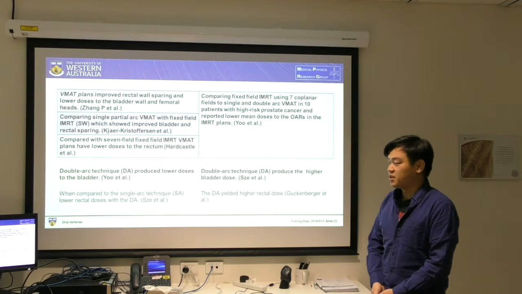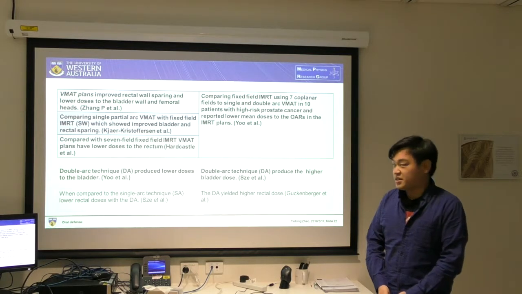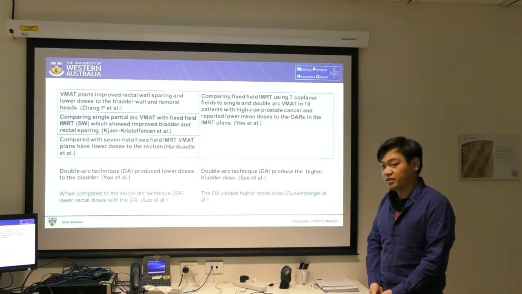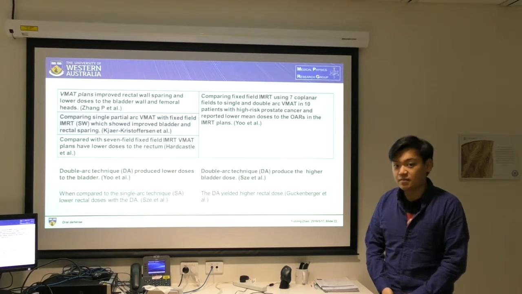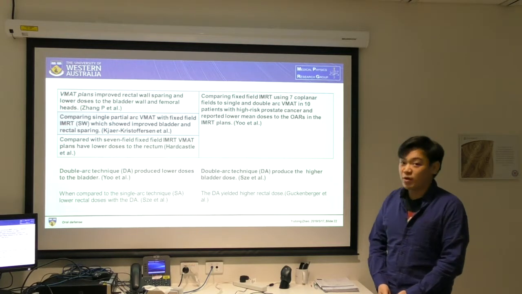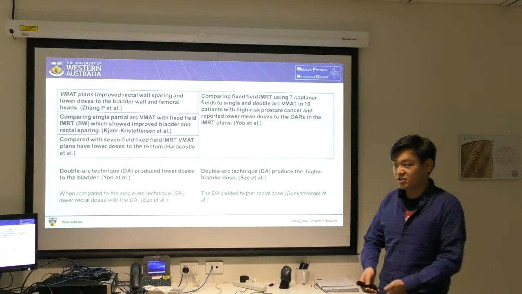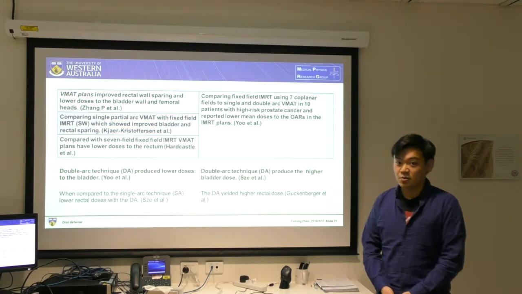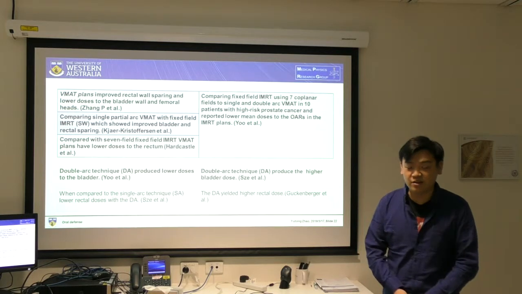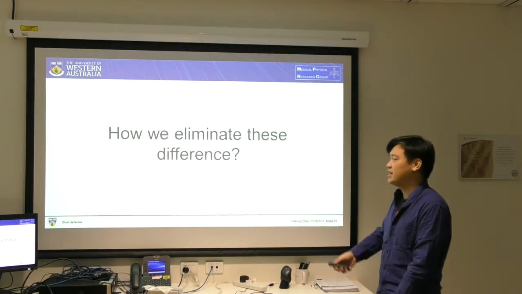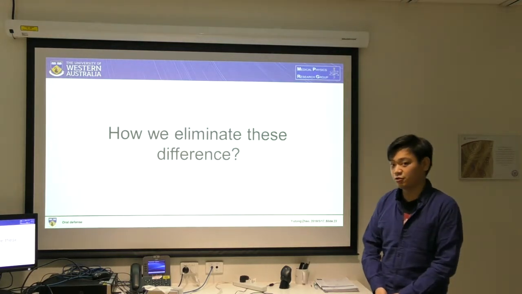So what's the problem? Why do they have different results and conflicts? I guess one of the reasons is that there are so many unstable factors. The patients are different. We can't regulate all of these factors. So how we eliminate these differences is really crucial.